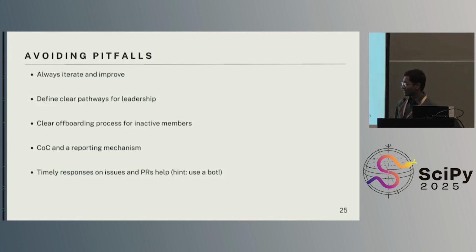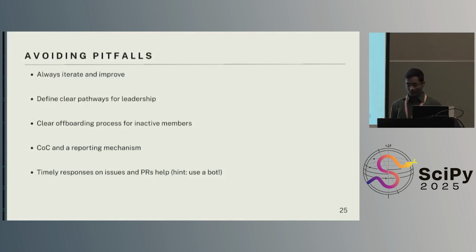And the last thing I want to mention here is timely responses on issues and PRs. If you're an early stage project, you probably can answer all the issues and PRs and comment on them. But if you're a big project and you are unable to do that, it sends out a message that this project is not active, or the user will think they are not being taken care of.